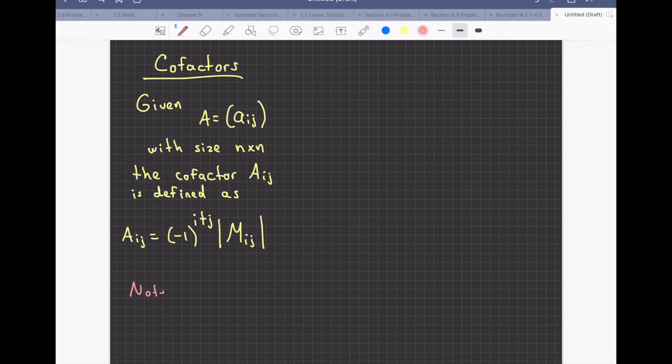Note, the number -1 raised to i plus j only has two possibilities. It is 1 if i plus j is even, or -1 if i plus j is odd.